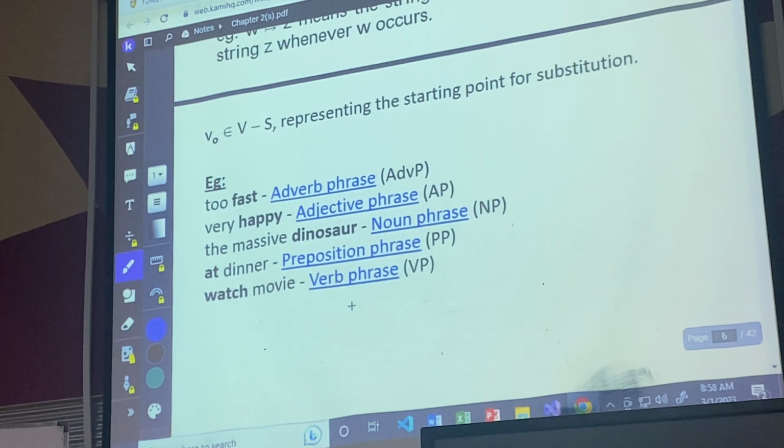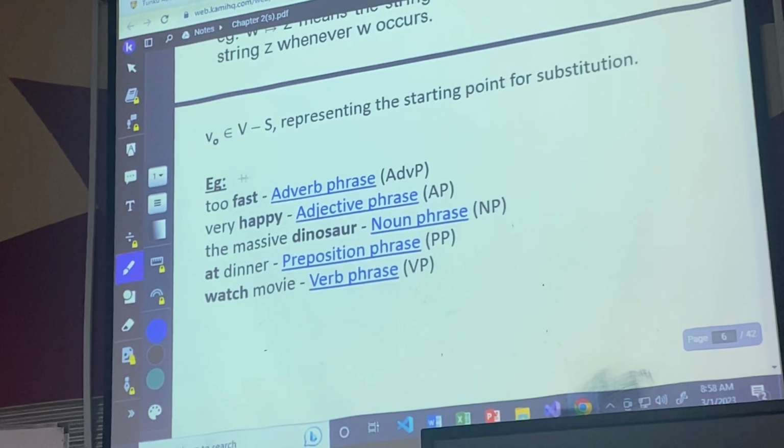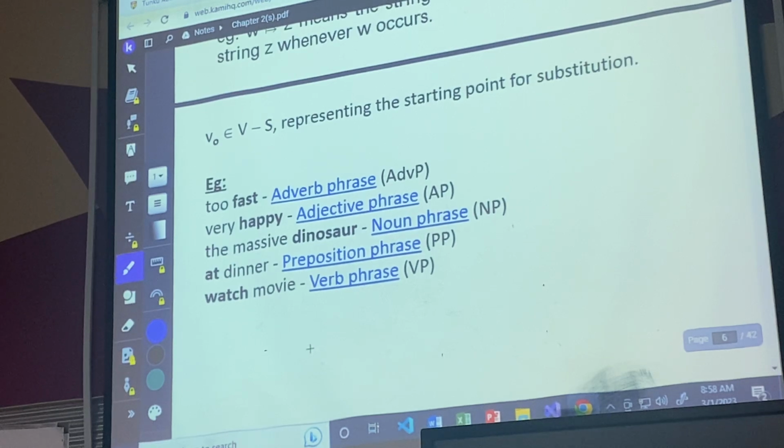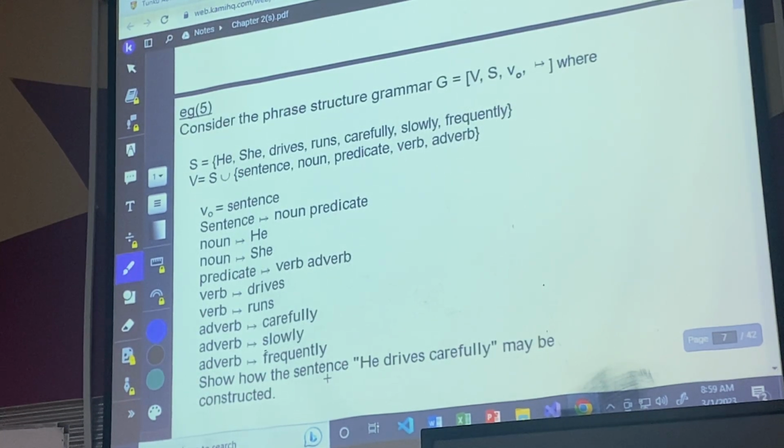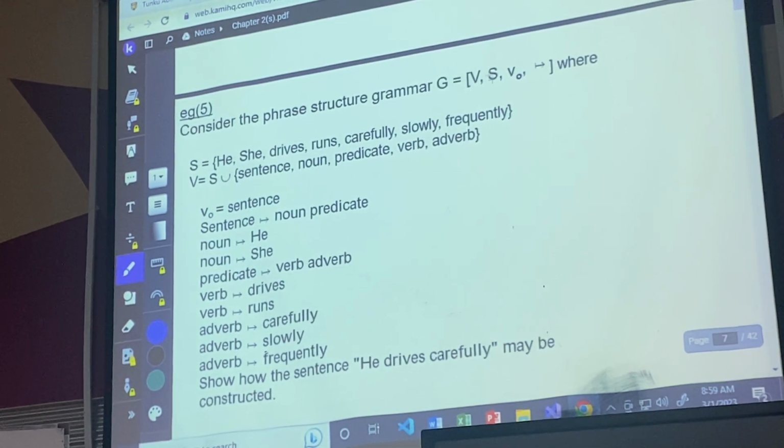Okay? So if you combine all these, it will be inside set V. The set S will only have fast, happy, dinosaur, and watch. All this is in the set S. Okay, this is the example to form a sentence from these four components here.